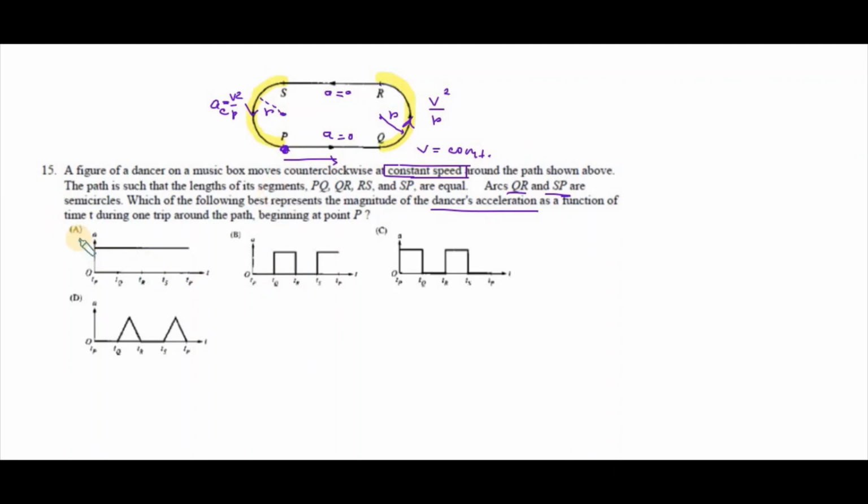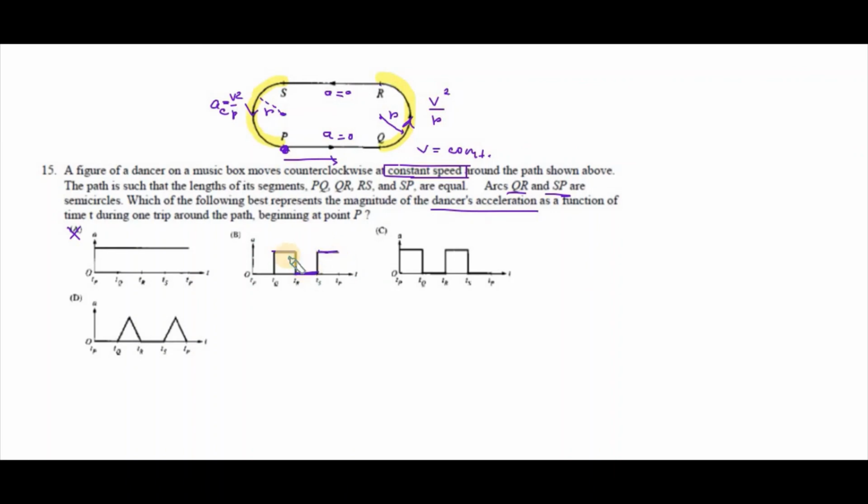Now let's analyze the options. The first option gives a constant acceleration throughout, with time segregated by tp, tq, tr. So A cannot be the answer because the acceleration is not uniform. Option B gives P to Q as 0 acceleration, Q to R having certain acceleration, which is true, R to S again 0 acceleration, and S to P having certain acceleration.